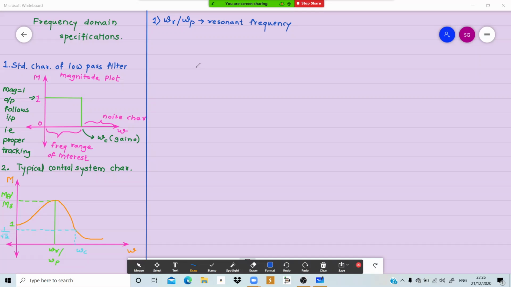Both are the same. It is the frequency at which the magnitude is maximum. Second is the value of the maximum gain that you are having. I'll denote it as MR or MP, that is the maximum magnitude.